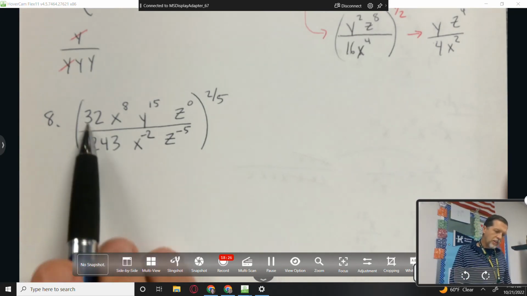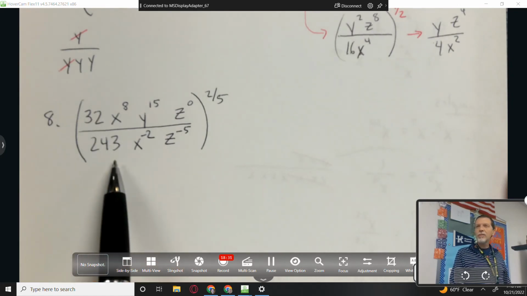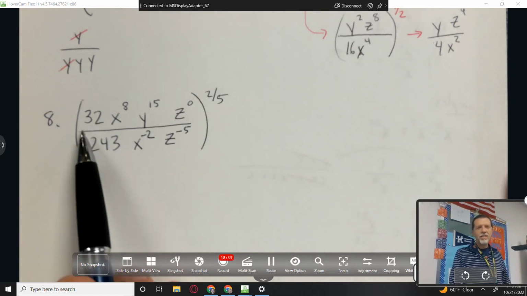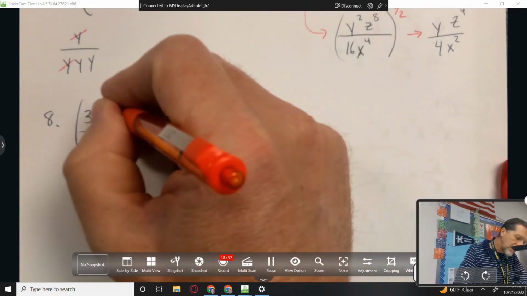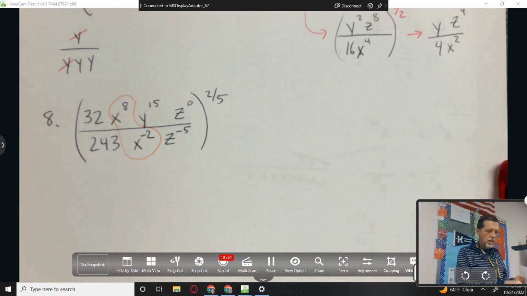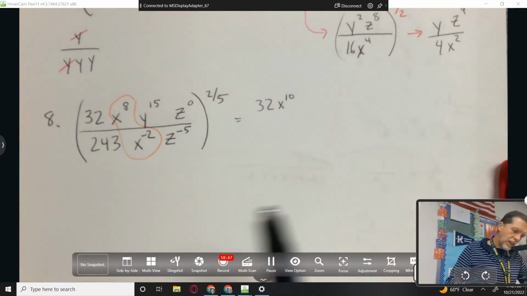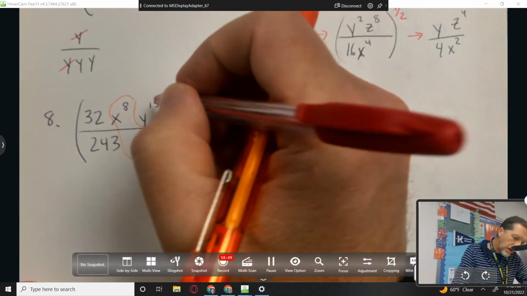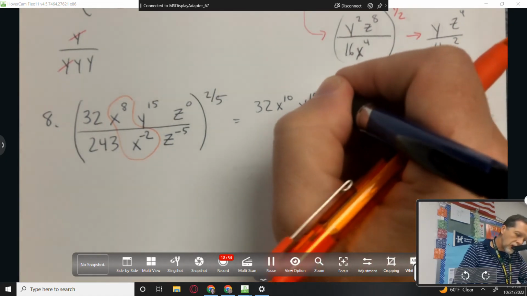So let's see, 32 and 243, that does not reduce. I wish it did, but I'm stuck with that. So how about the x stuff? What does that become? X to the 10 on the top. 32, x to the 10th. What about, oh, there's only one y thing, so that's easy. Y to the 15th.